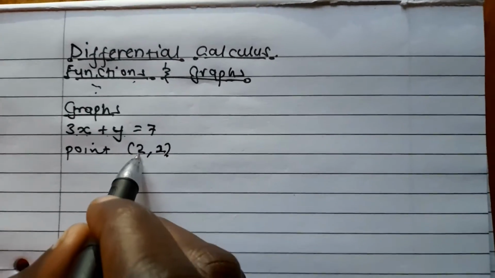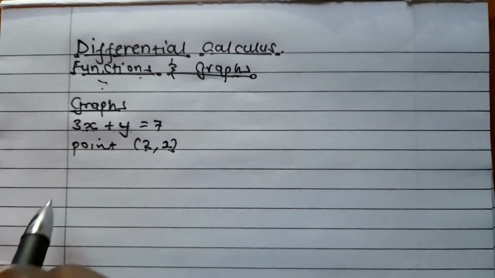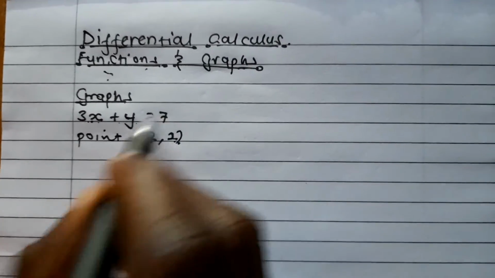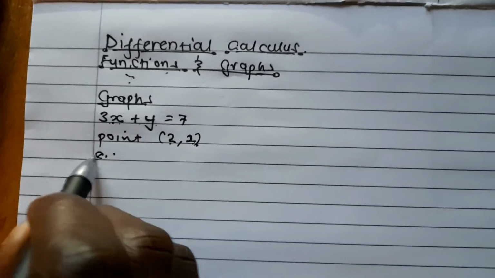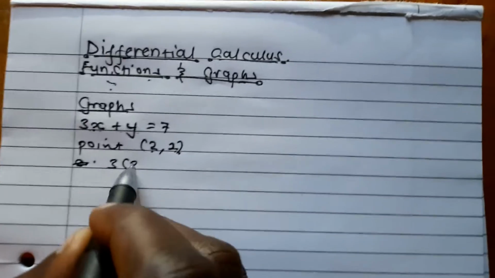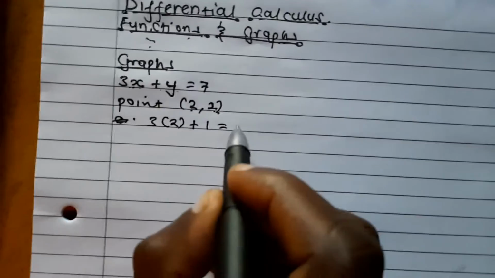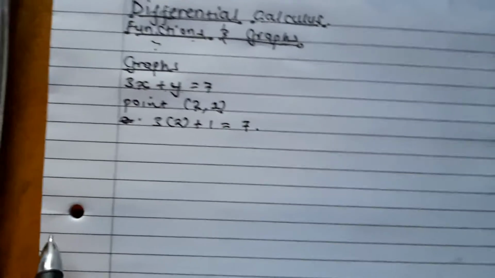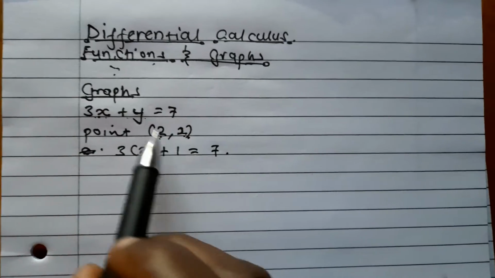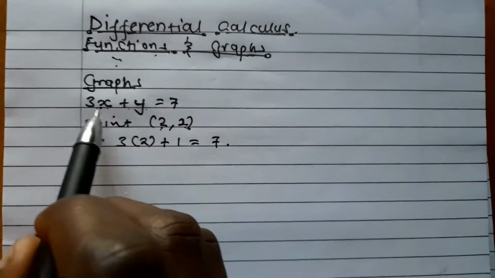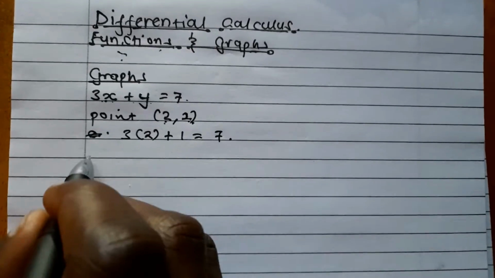Because when I substitute the value of x and the value of y into the equation, I'm getting the solution as 7. That is, if I take 3, I substitute x as 2, plus y, that is 1, I'm getting the answer 7. So of course, the point (2, 1) is a solution point to the equation 3x plus y is equal to 7.